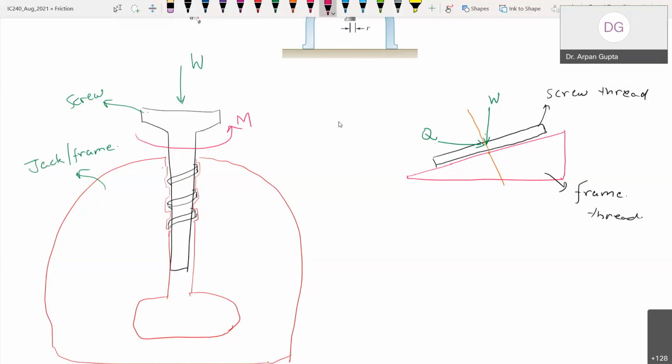Since we are trying to push it up, the resultant force will move, let me use green color, in this direction. The resultant of the normal and the friction force will act in this direction, so that this block, the screw thread, is in equilibrium. Now, if we resolve the angles, this is vertical.